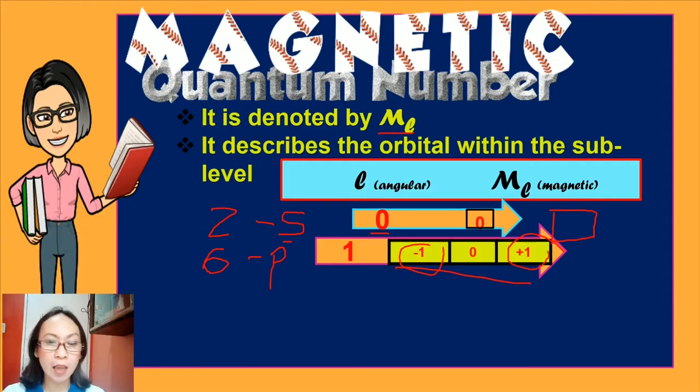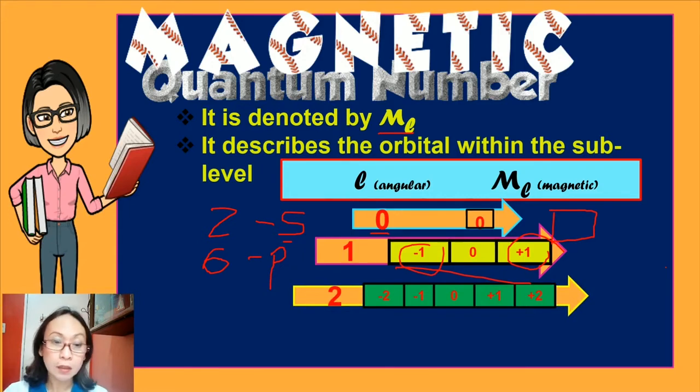Next one is, if the angular is 2, that is sublevel D, a maximum of 10 electrons. It has how many orbitals? 5. Okay, and the possible values are from negative 2 up to positive 2.